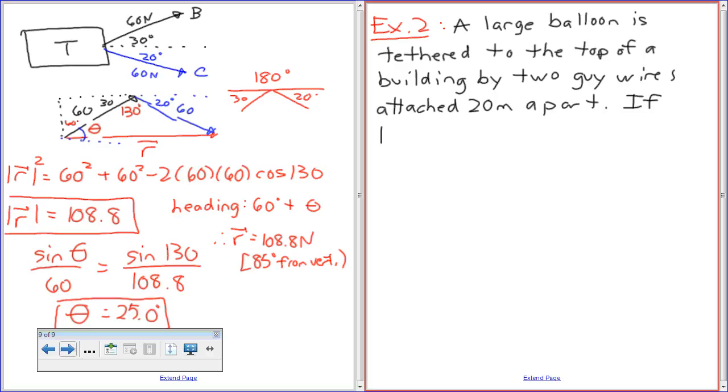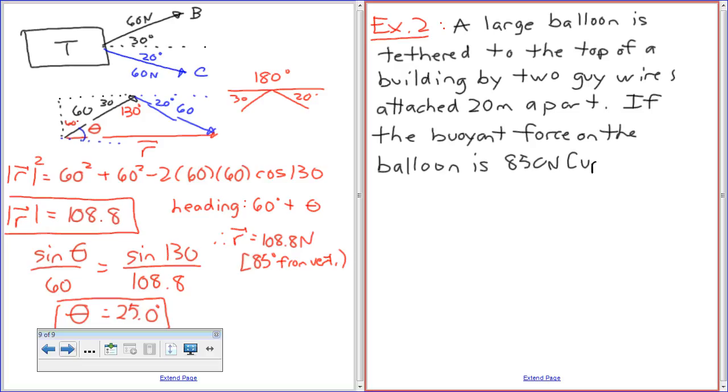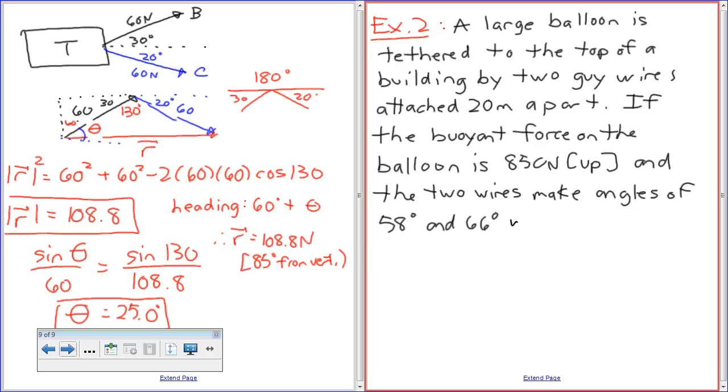If the buoyant force in the balloon is 850 newtons, and the two wires make angles of 58 degrees and 66 degrees with the horizontal. Find the tension in each wire.